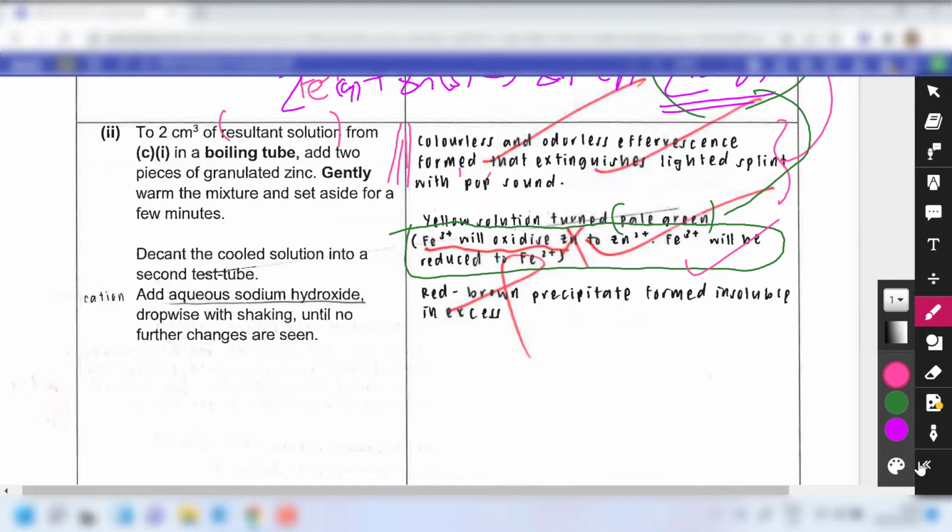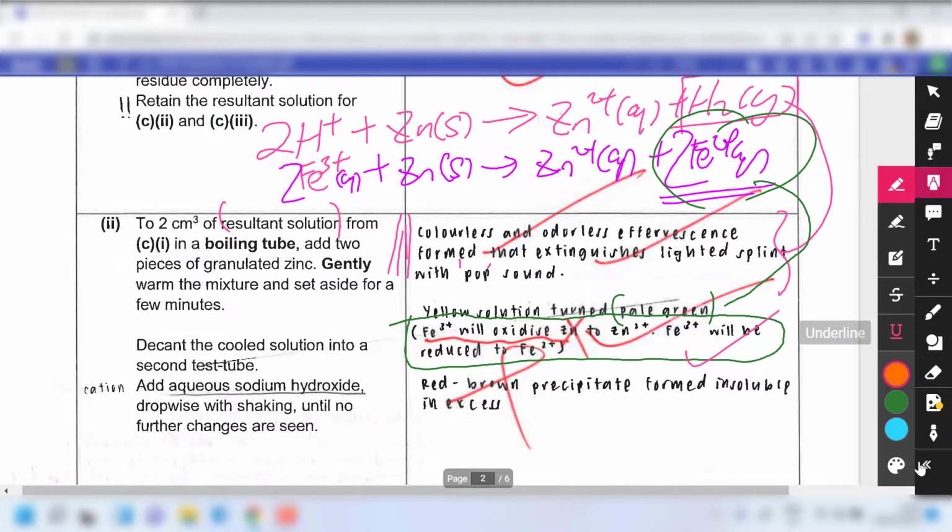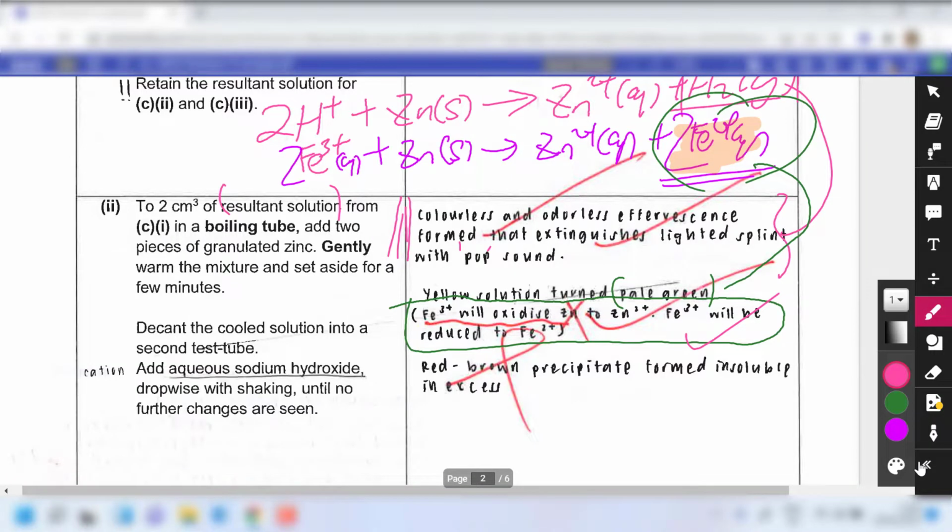If you recall, I'm adding sodium hydroxide dropwise. So this is the portion which you really need to be careful about, because after the reduction I'm only left with iron 2 plus. Make sure that when you obtain the solution, the reaction has more or less gone to completion.